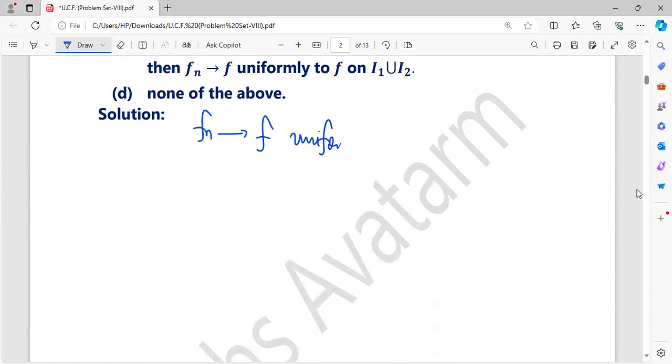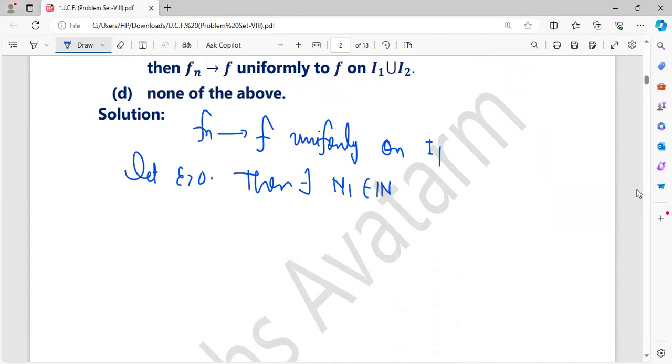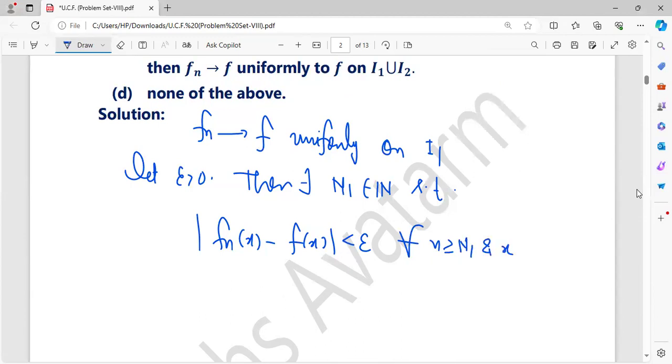So fn converges to f uniformly on I1. Let epsilon be greater than 0. Then there exists N1 belonging to N such that |fn(x) - f(x)| is less than epsilon for all n greater than or equal to capital N1 and x belonging to I1.